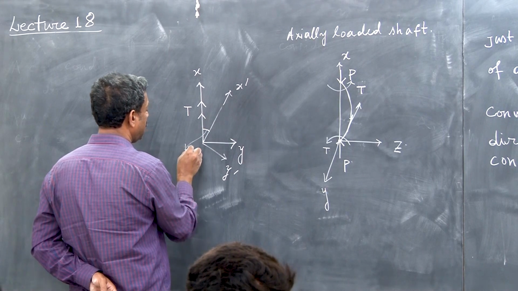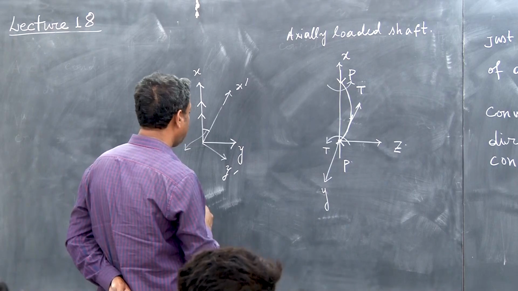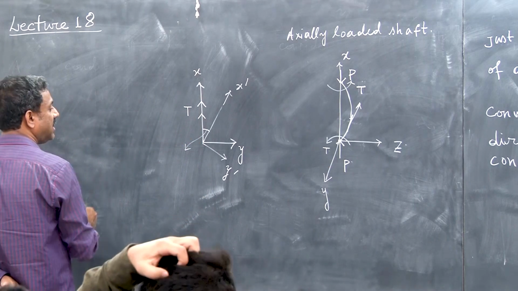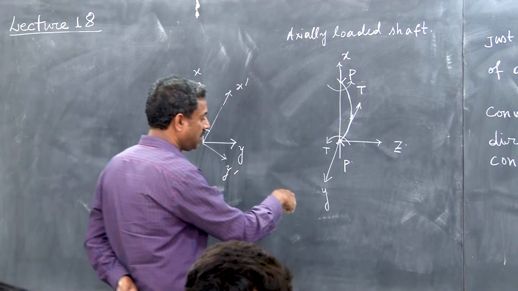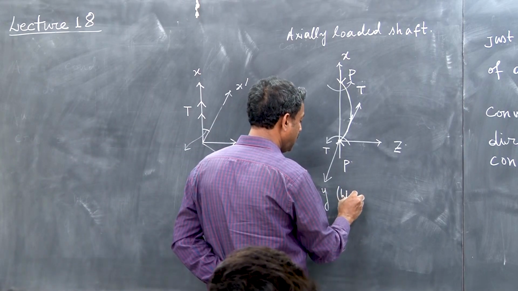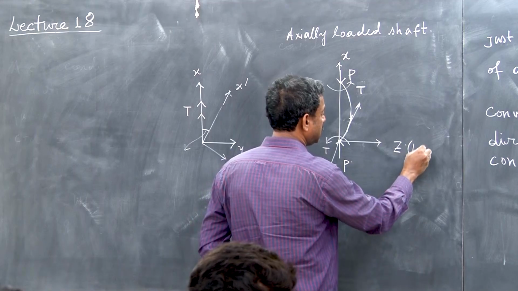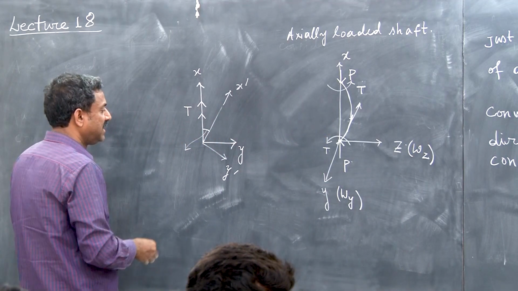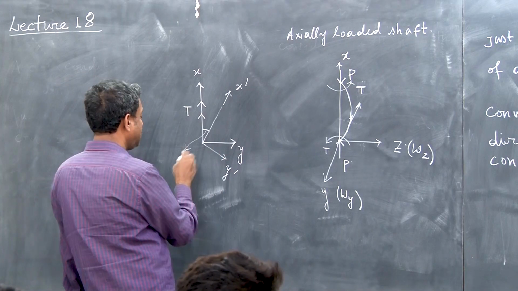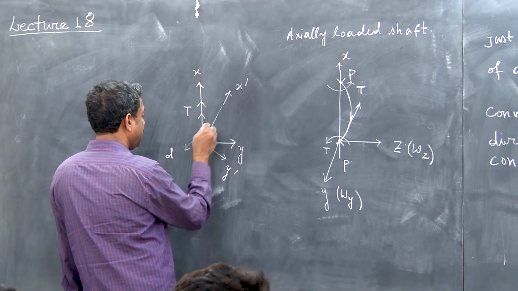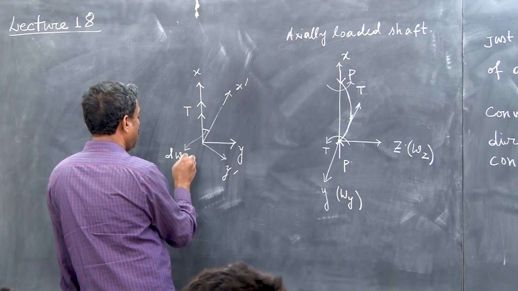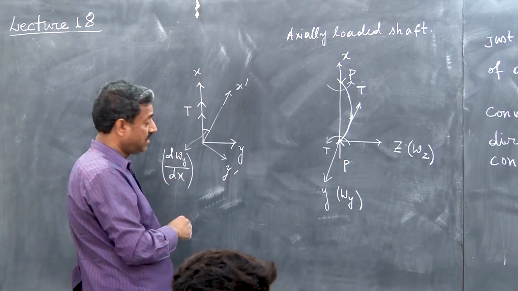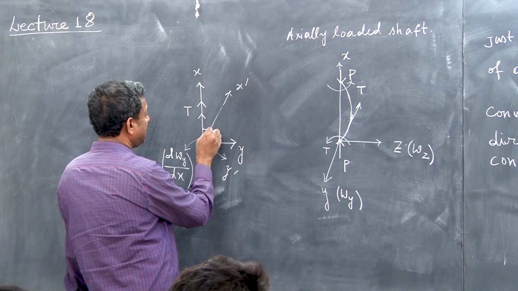I am assuming the deflection along the y direction is Wy, and the deflection along z is Wz. So if it is deflecting along y, this angle is nothing but dWy by dx.